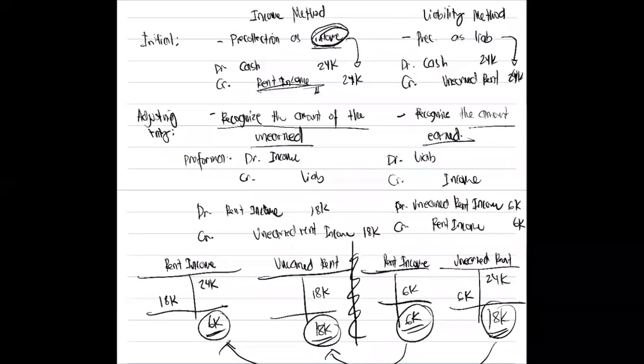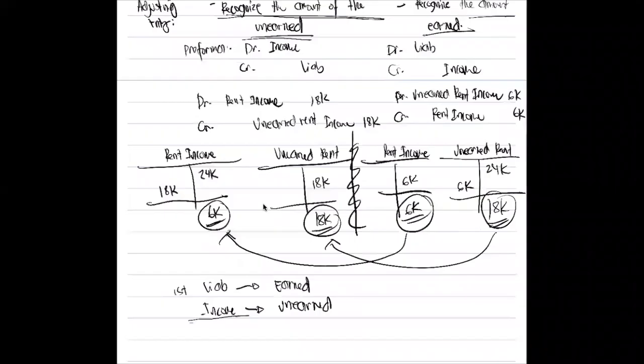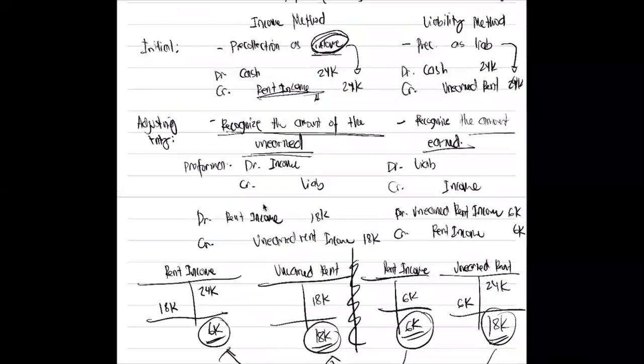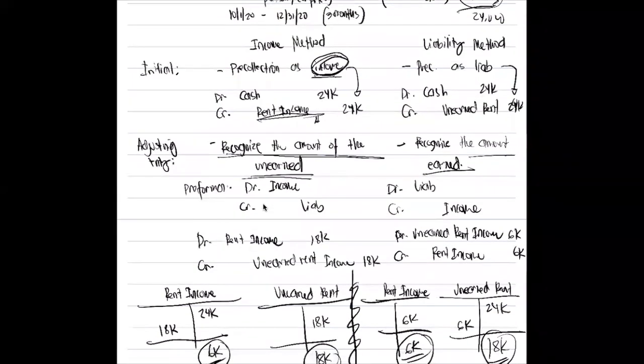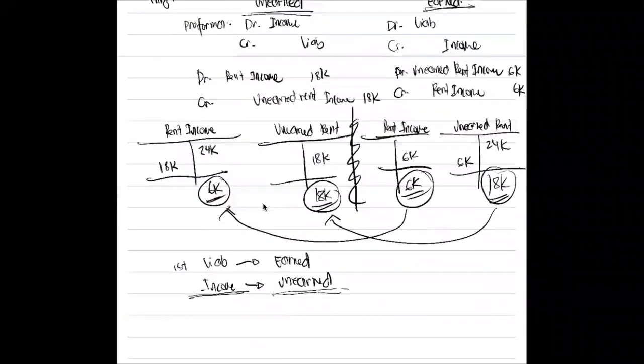In your adjusting entry, you recognize the unearned. So, under income method, you recognize first an income, then recognize the amount unearned. Next, under liability method, initially, you recognize it as a liability. And then on your adjusting entry, you need to recognize the amount earned. Therefore, liability, and then you recognize the amount earned.